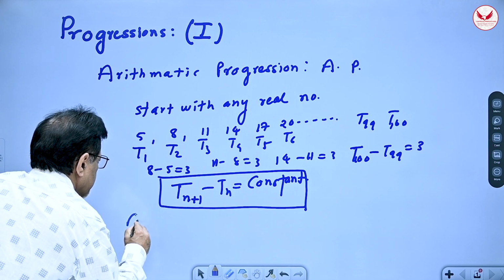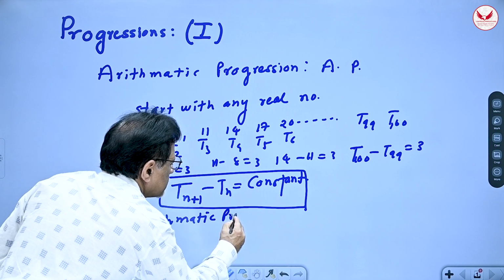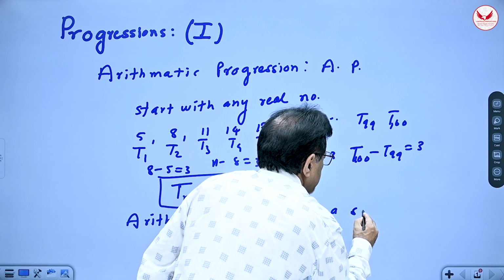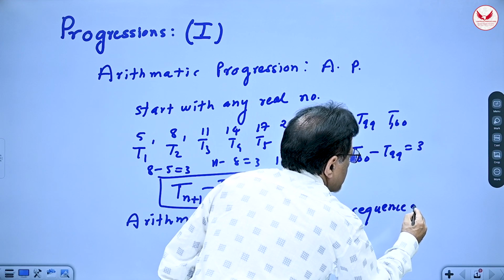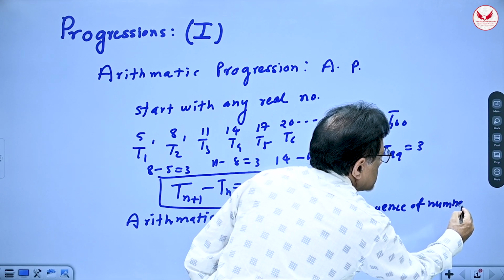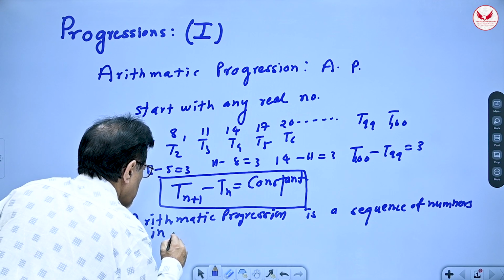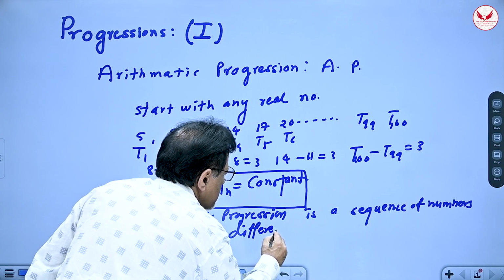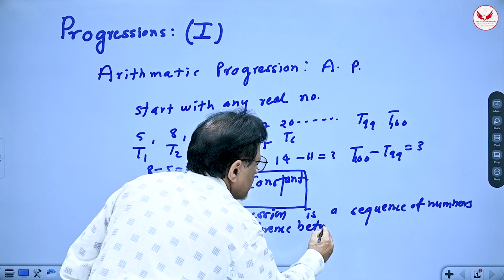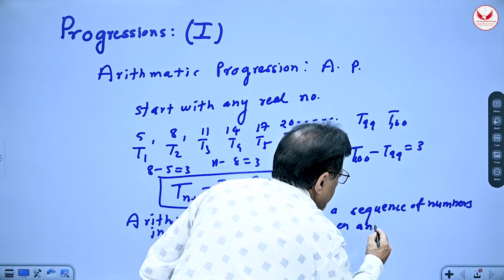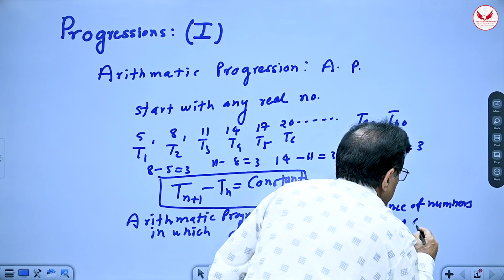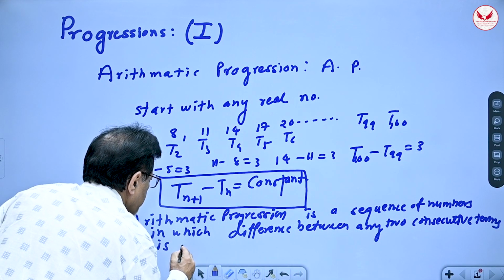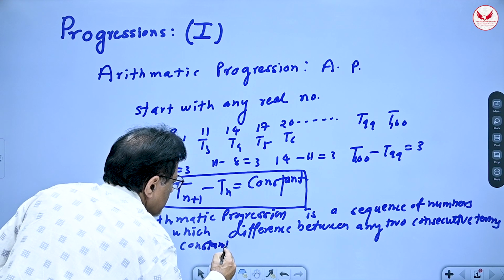So arithmetic progression is a sequence of numbers in which the difference between any two consecutive terms is constant, never changes, constant.